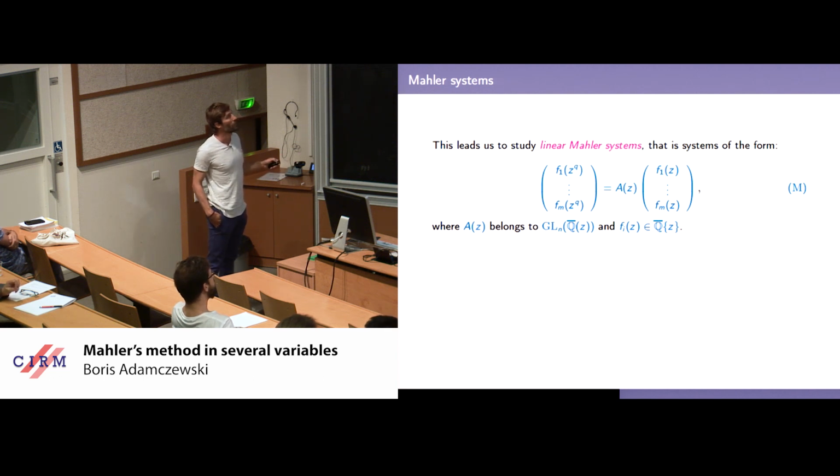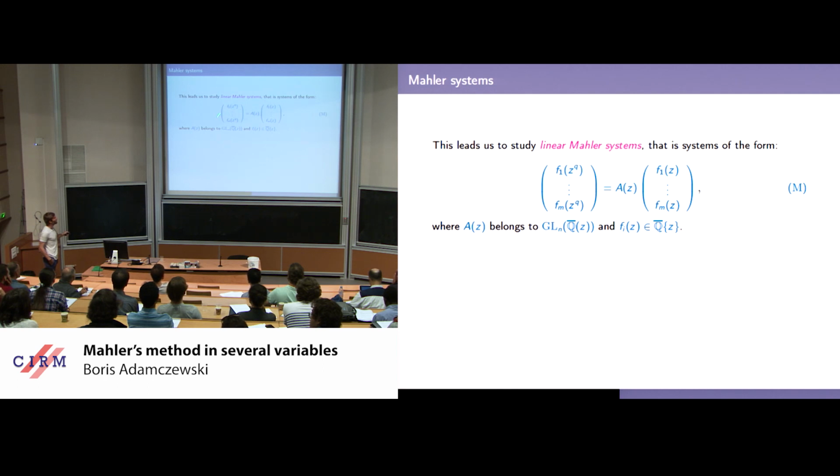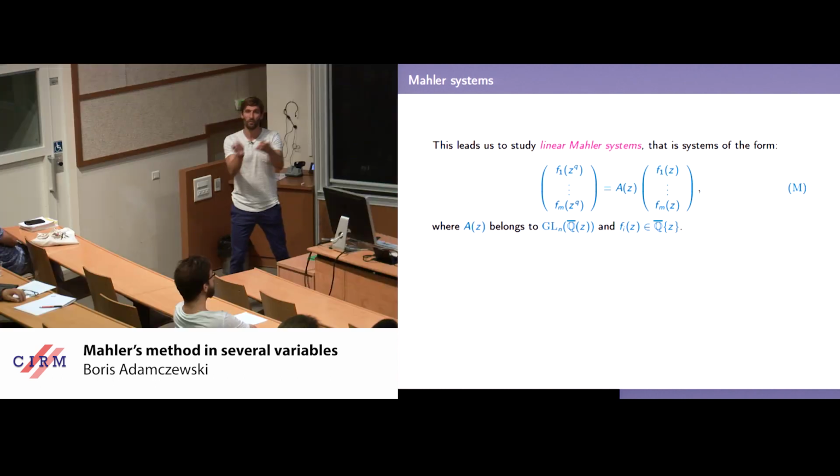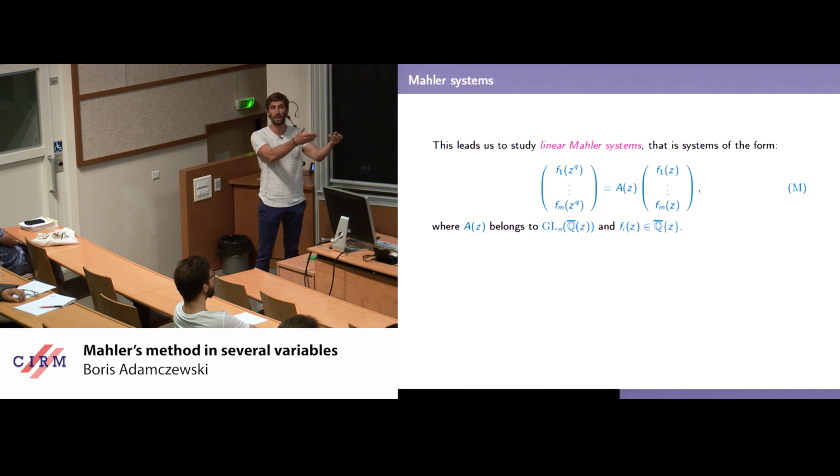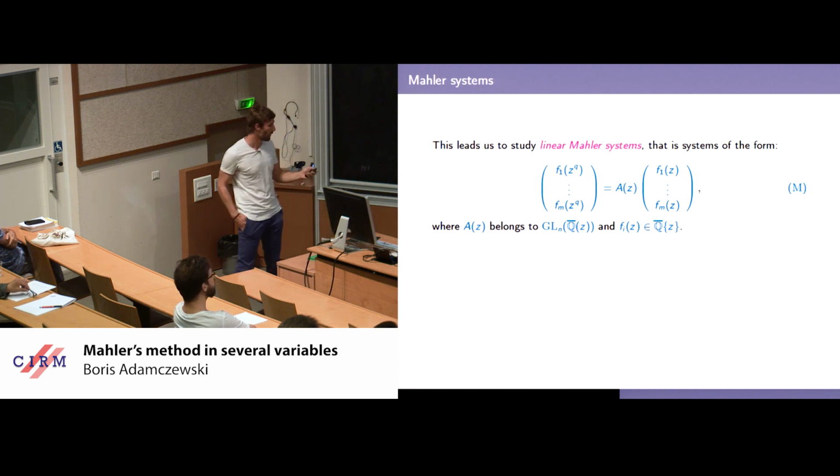So if you have a vector solution to such an equation, we have a matrix with rational coefficients, which is invertible, and we are considering a vector of solutions with analytic coordinates. And the functions here that are solutions of such systems are all q-Mahler functions. And if you have a q-Mahler function, it can appear as a coordinate of a vector solution of such systems. Okay, so you can move from one setting to the other.